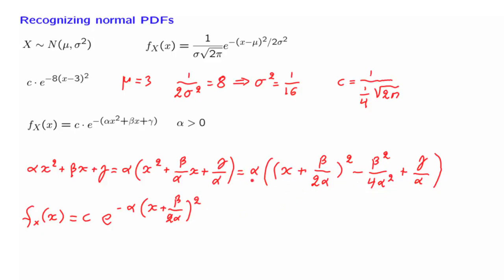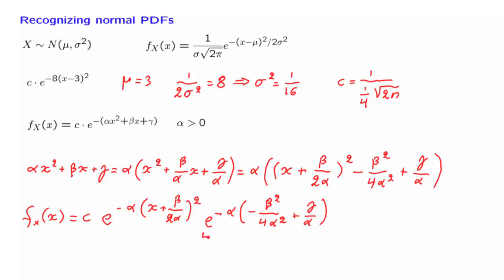And then there's the negative exponential of the rest, which is a term of the form e to the minus alpha times beta squared over 4 alpha squared plus gamma over alpha.